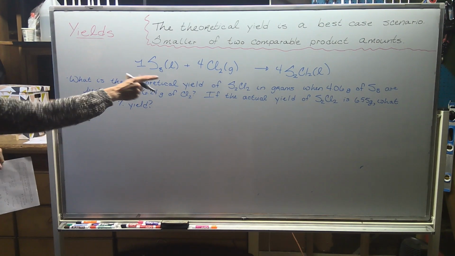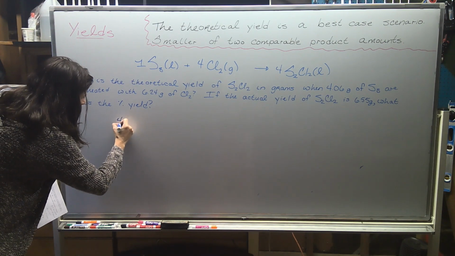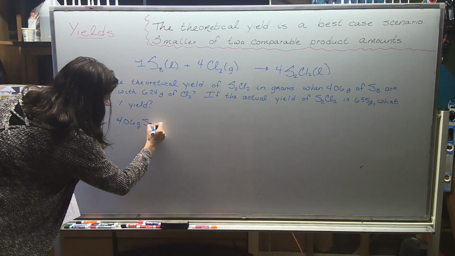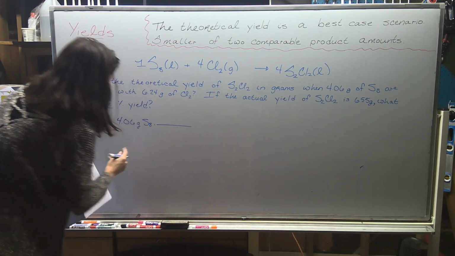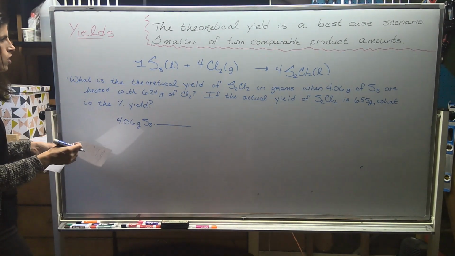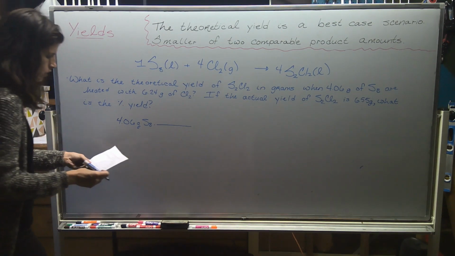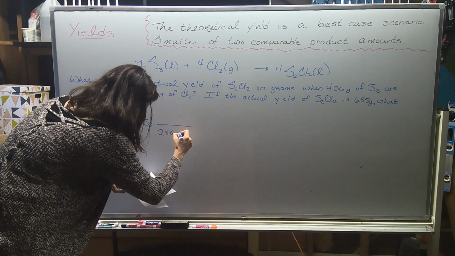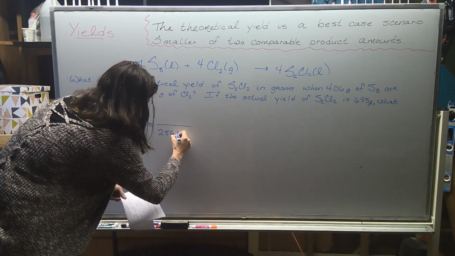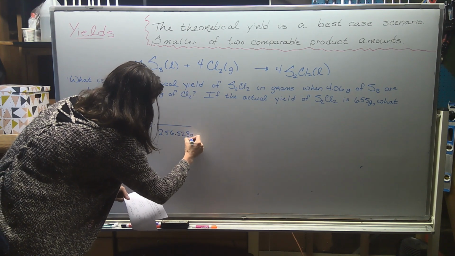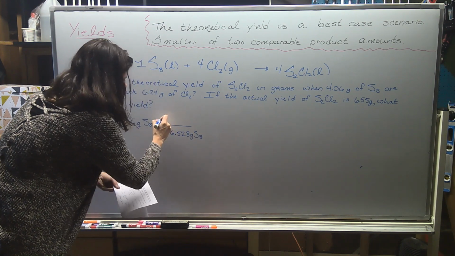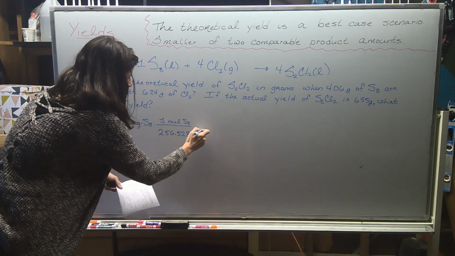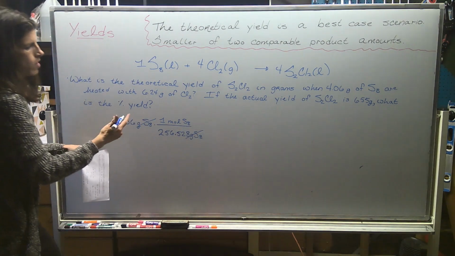Alright, so starting with the 4.06 grams of the S8, and I need to get that to moles. So I'm going to grab the molar mass that I just calculated. So the 256.528 grams of S8, and I'm going to use that with 1. We're out of grams. Now we're into moles.